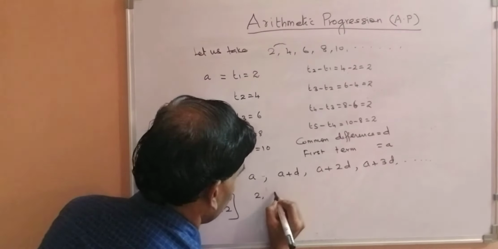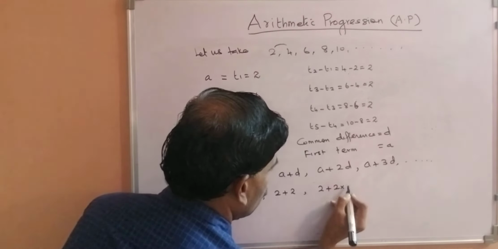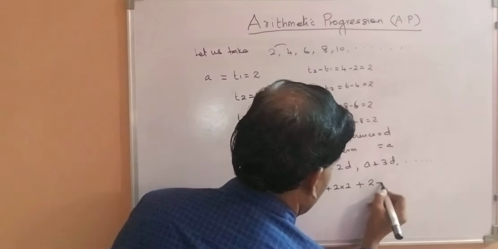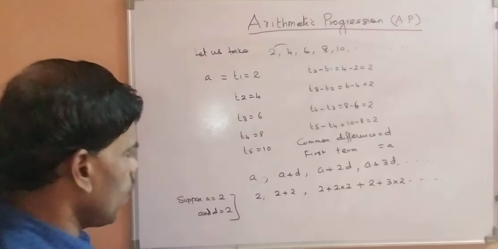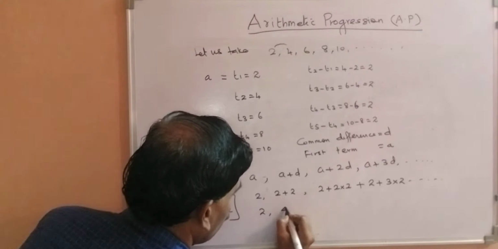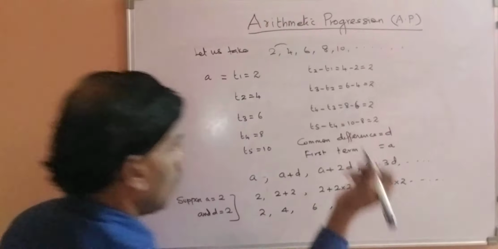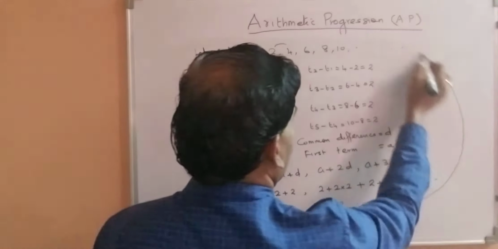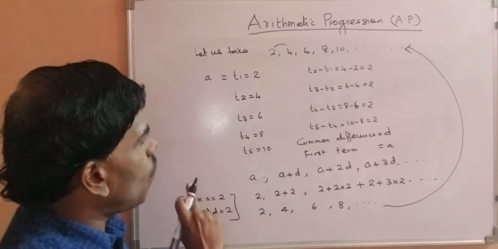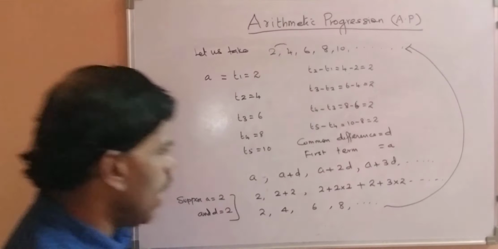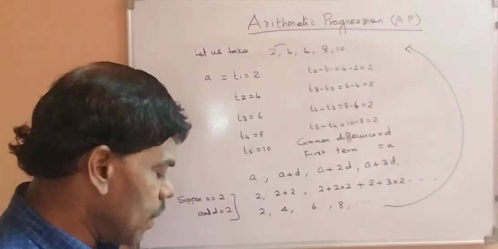A is 2, 2 plus 2, 2 plus 2 into 2, 2 plus 3 into 2, etc. So, what you will get? 2, 4, 6, 8, etc. So, what is the general form of arithmetic progression? A, A plus D, A plus 2D, A plus 3D, etc.